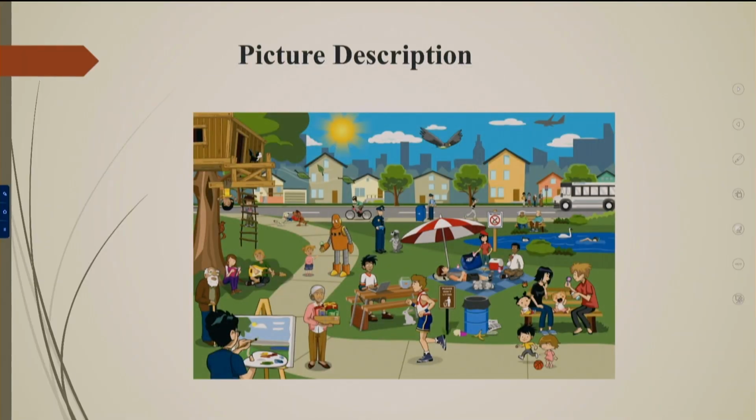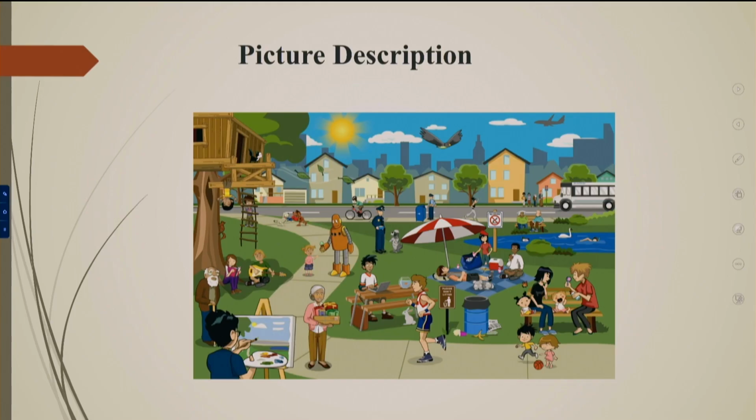Now I have here a picture description. So Kira, you have to describe this picture, taking into consideration the fact that you have to use past continuous. So pay attention to the actions that are here in this picture. I see a man that was painting. I see a grandma that was holding gifts.